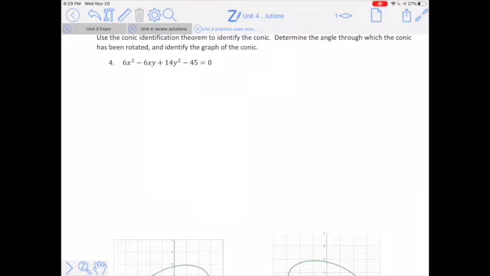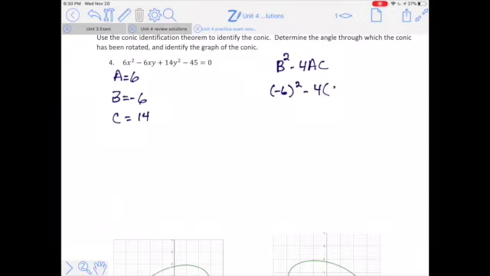So the conic identification theorem is just part of the quadratic formula. You do have to remember which one is A, B, and C. So A is 6, B is -6, and C is 14. So B squared becomes negative 6 squared.